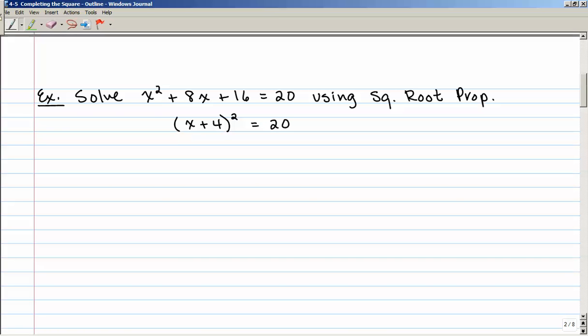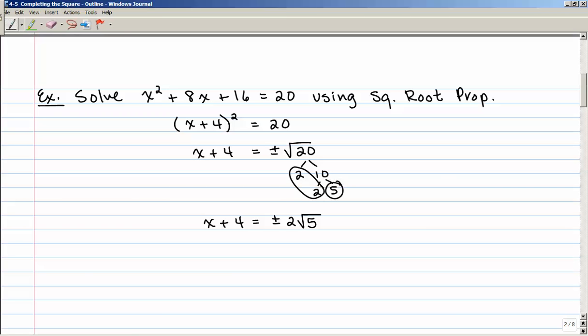So now when I take the square root of both sides, I'll have x plus 4 equals the positive or negative square root of 20. I do need to simplify the square root of 20. So that's going to give me a 2 out front and a 5 underneath the radical. So x plus 4 equals plus or minus 2 square root of 5.